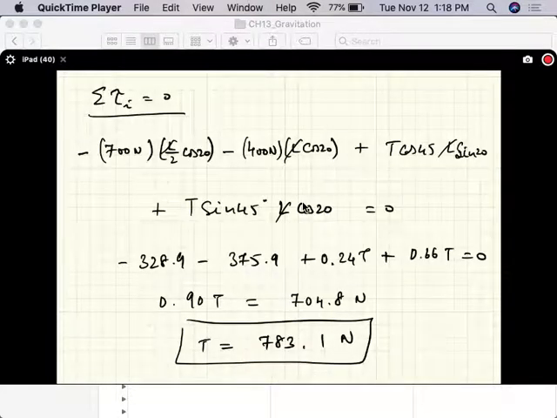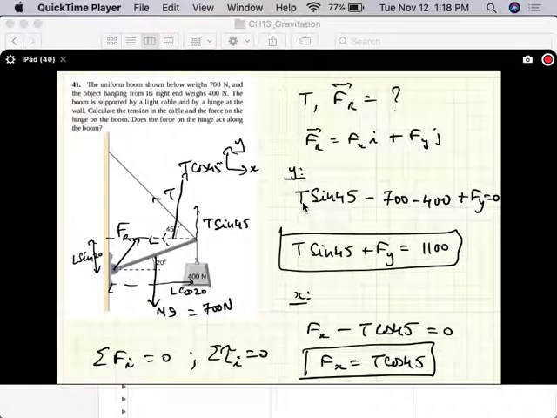Again, interestingly enough, the tension is 780 newtons. See, this boom by itself weighs 700 newtons, and here's another 400 newtons. So you're supporting this, and that cable has a tension of only 780 newtons.